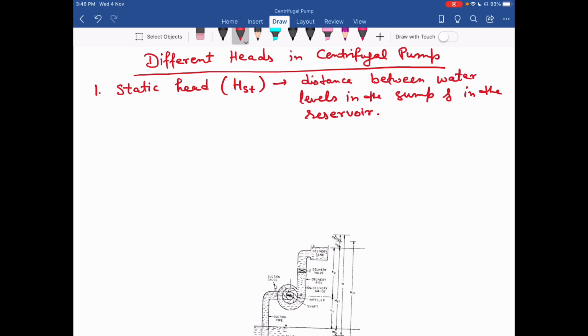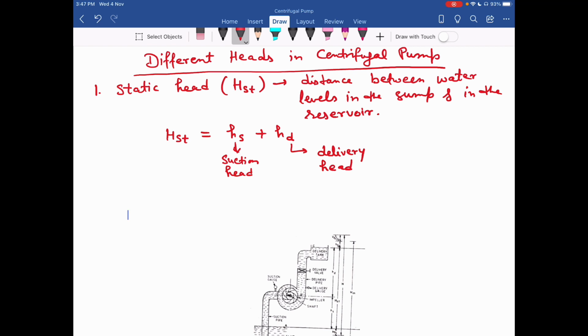Now this HST has two heads, one is HS plus HD. Okay, so HS is called suction head, HD is called delivery head.